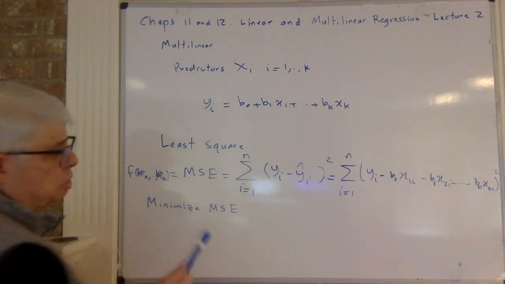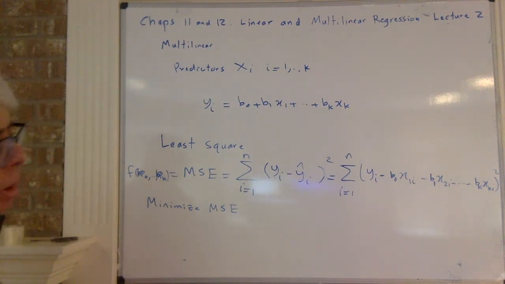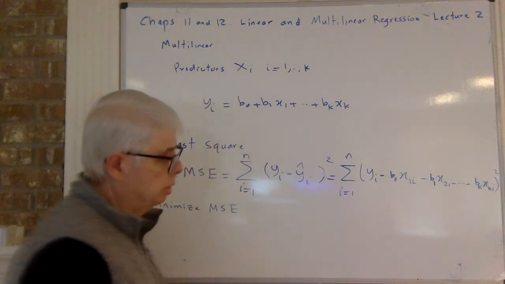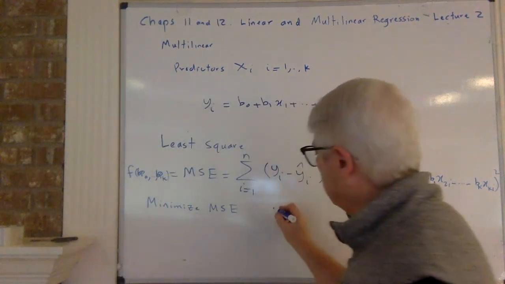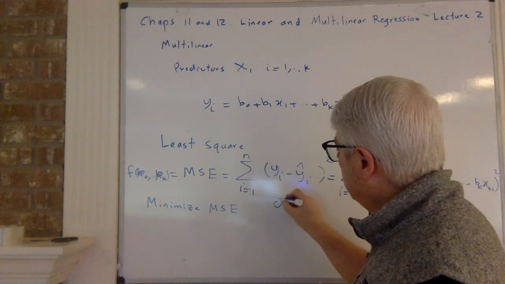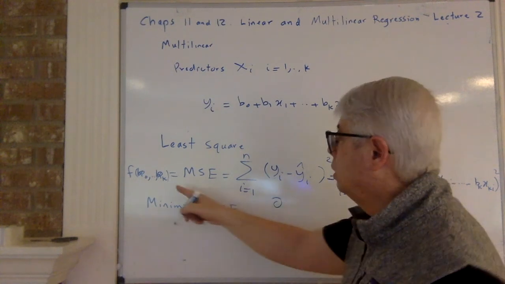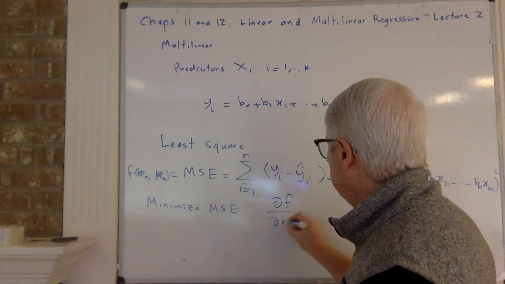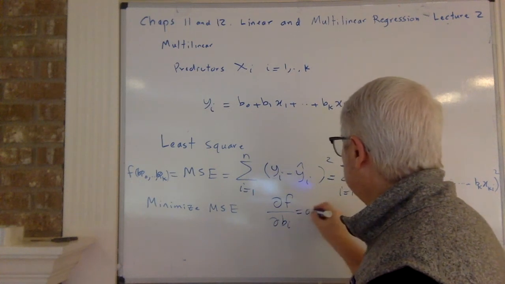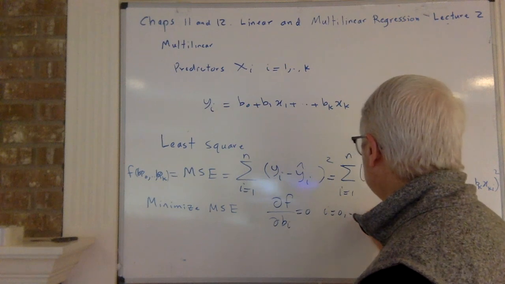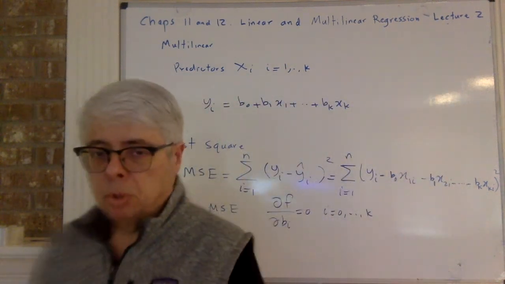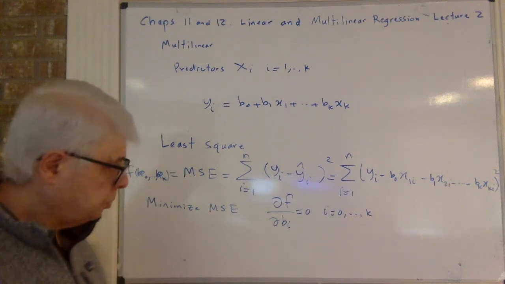We use simple methods from multivariable calculus, and so we find partial derivatives. So we have the partial derivative of f with respect to bi equals 0, where i starts at 0 and goes to k. So we set them to 0, and we solve for the bi's.